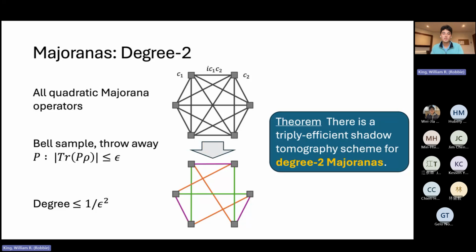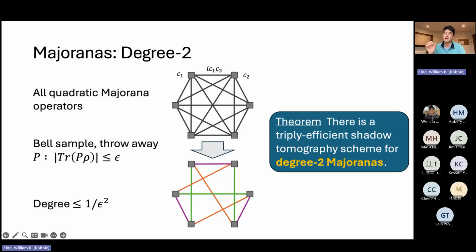So once we do the Bell sampling, we throw away the operators that have small expectation value. What happens to this graph is that the degree becomes very small. Before, the degree was n, right? It was a complete graph. We had all of these operators we wanted to know about, an expectation value for every edge. But after we do the throwing away, the degree goes from n down to 1 over epsilon squared.